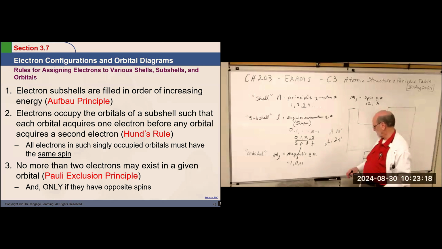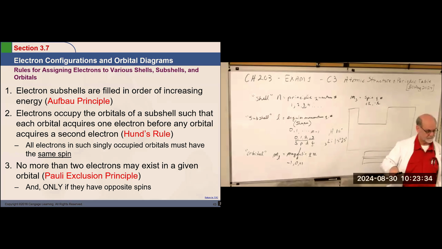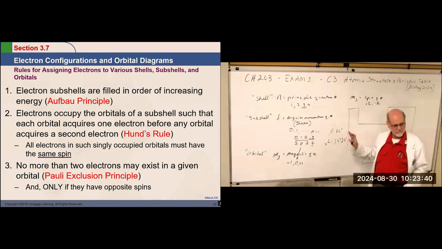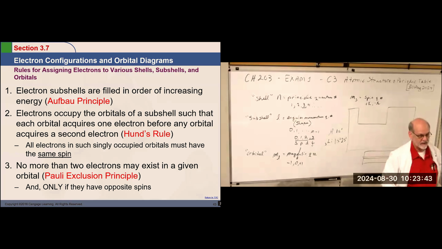Well, actually, that's not the only one. I'm sorry. We've already filled 1s with 2. Now we have a 2s with 1. So we have 3 electrons to balance 3 protons. So you're filling the highest energy is the one you're filling, and you can see that in the periodic table.